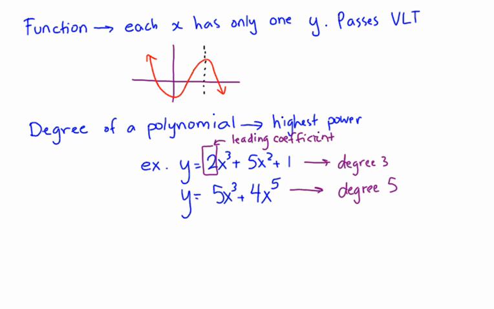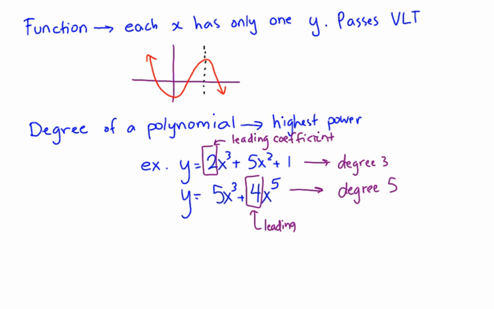The leading coefficient has such an influence, whether it's positive or negative. So in this one here, who's actually the leading coefficient? The 4. Even though this is not written in proper order, because the highest degree is 5, 4 is the leading coefficient. Whoever has the highest degree has the most power over the function.